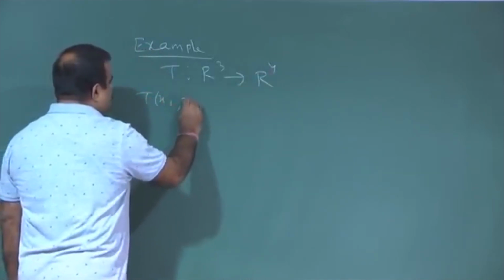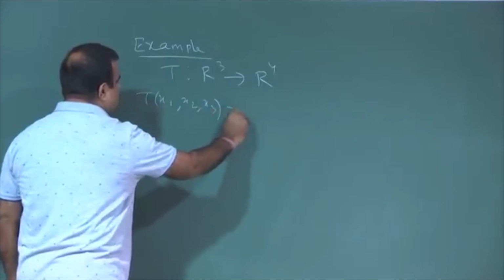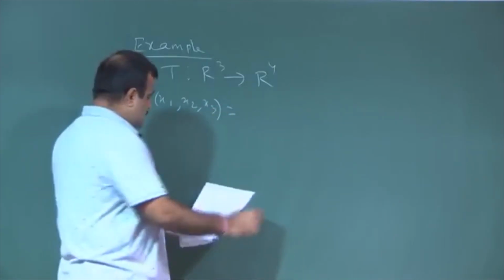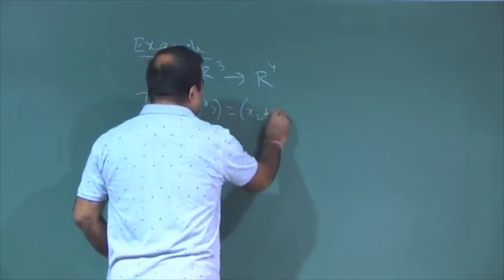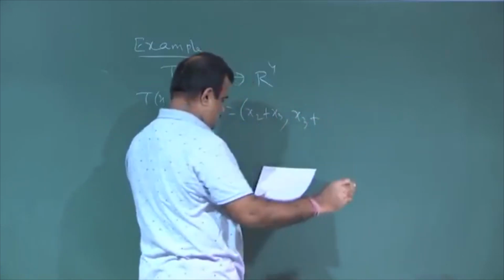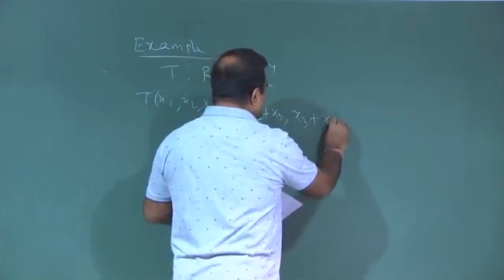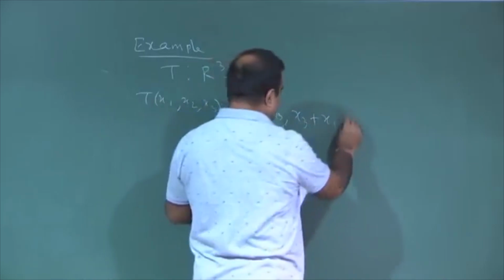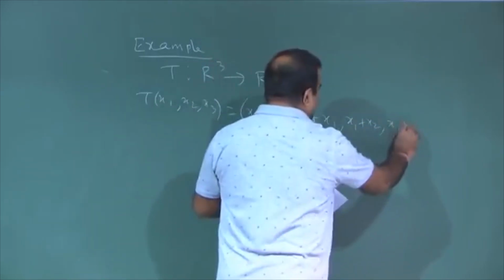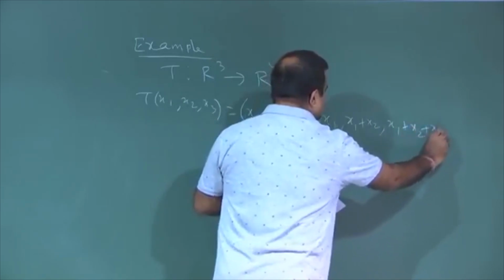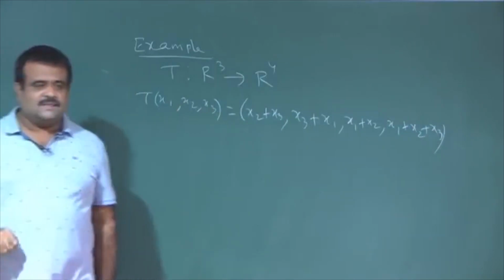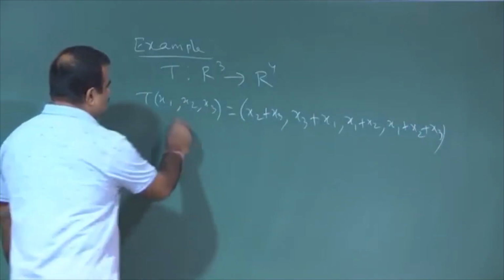T of (x1, x2, x3) is defined to be (x2 plus x3, x3 plus x1, x1 plus x2, x1 plus x2 plus x3). So, this is 4 dimensional. Now, I leave it as an exercise to you to show that this is a linear transformation.